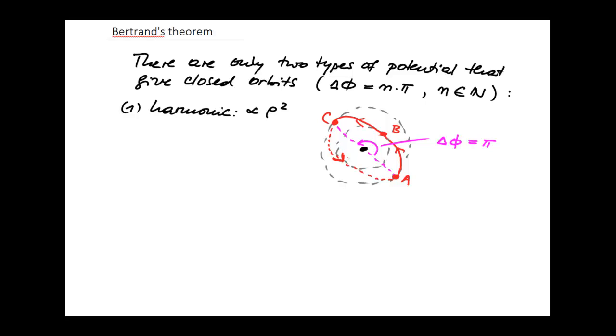It will return to the point A, and it will be a truly closed orbit. And the trajectories around the center of the potential are ellipses, where the center of the potential is at the center of the ellipse.